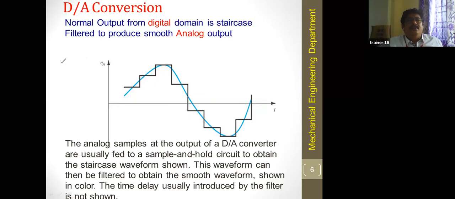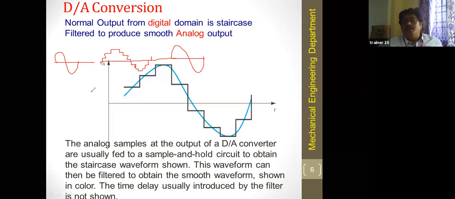See here, this is an analog signal, and it is converting into a digital signal. So digital, and again it is converting to analog.